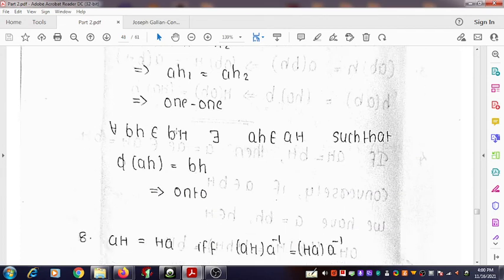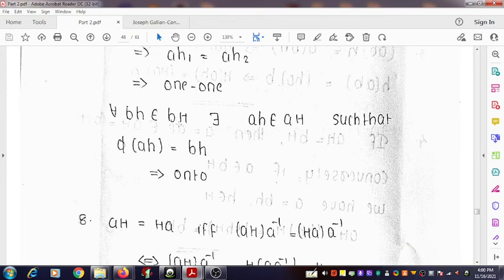Then to show that it is onto, we consider an arbitrary element BH of the left coset BH.